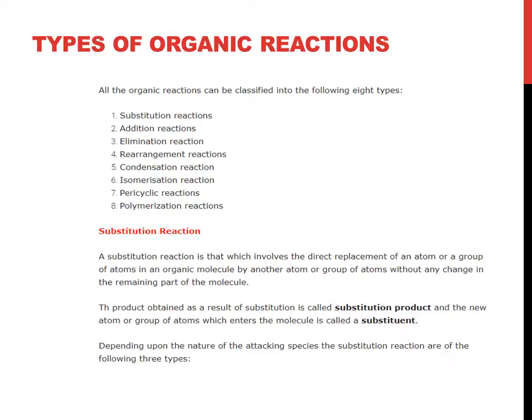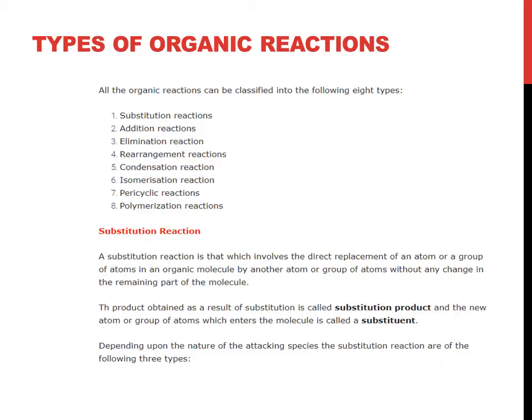A substitution reaction is one which involves the direct replacement of an atom or a group of atoms in an organic molecule by another atom or group of atoms without any change in the remaining part of the molecule. The product obtained as a result of substitution is called the substitution product, and the new atom or group of atoms which enters the molecule is called a substituent.